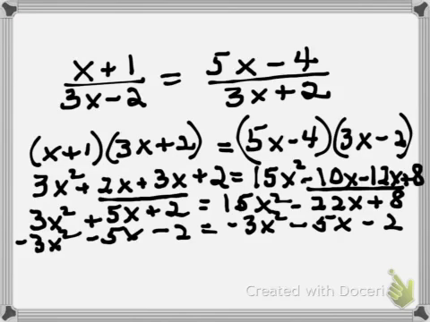Okay, so now I'm going to put it on the left-hand side equal to 0. So 15x squared minus 3x squared is 12x squared. A minus 22x and a minus 5x is minus 27x. And a positive 8 and a negative 2 is positive 6 equals 0.